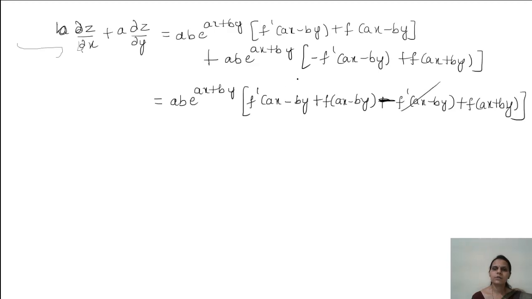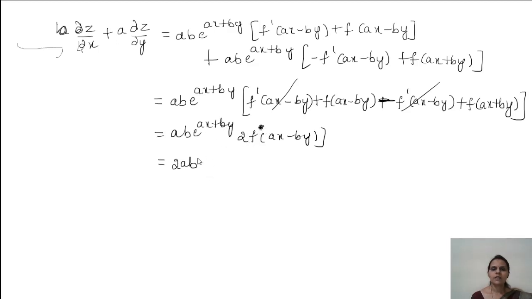So now these two terms get cancelled. So this is equal to ab e power ax plus by into 2 times f of ax minus by. Sorry, this is not f dash, this is f.